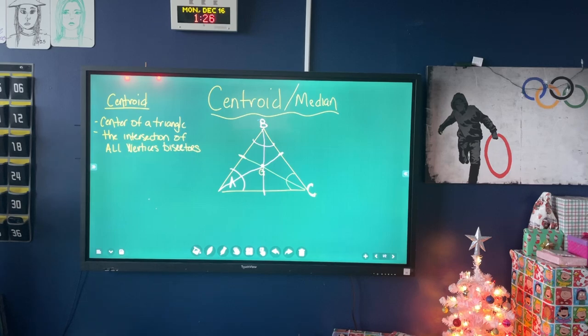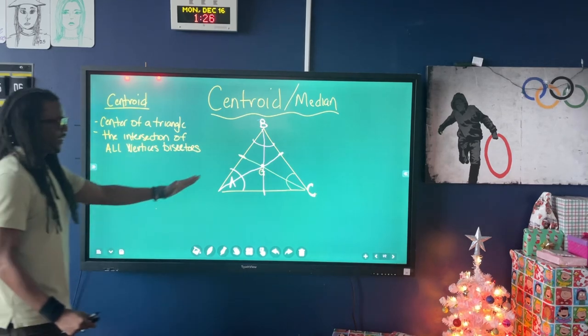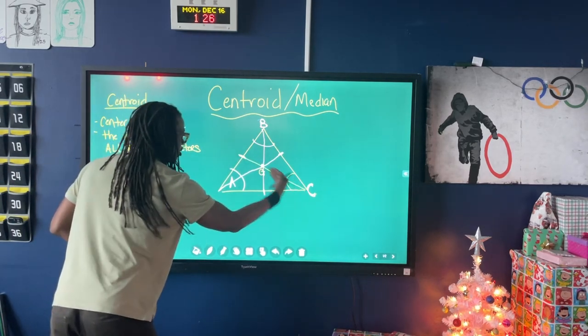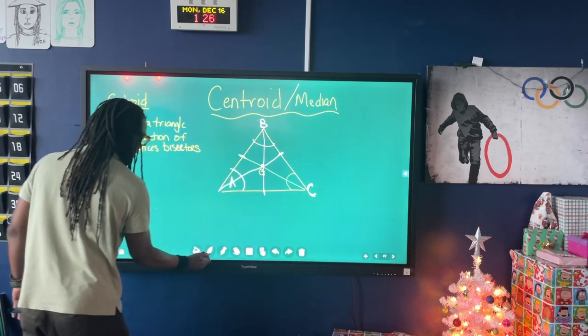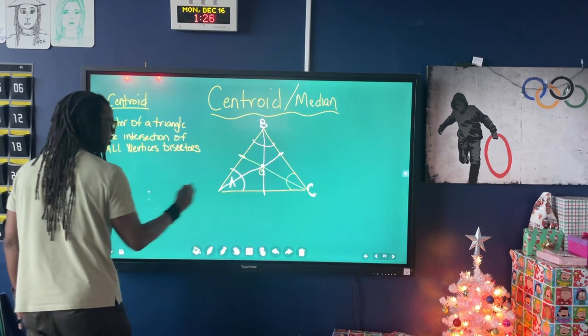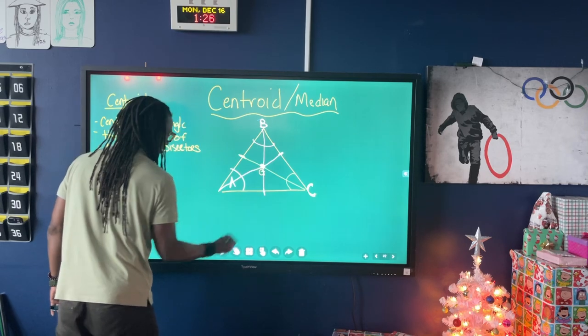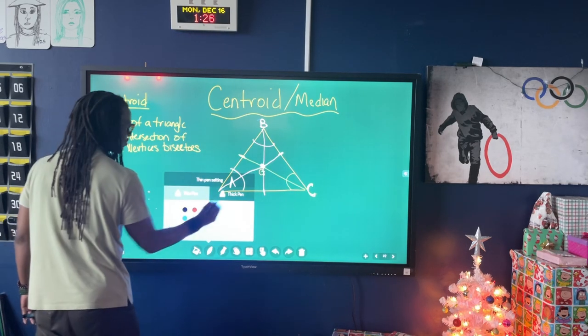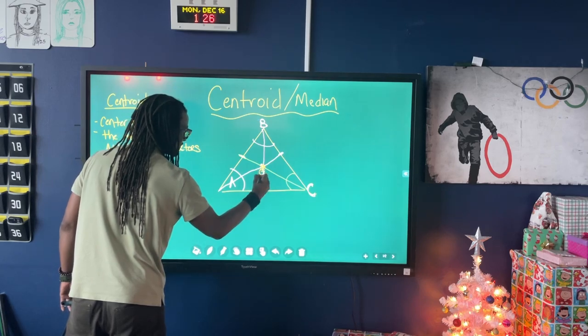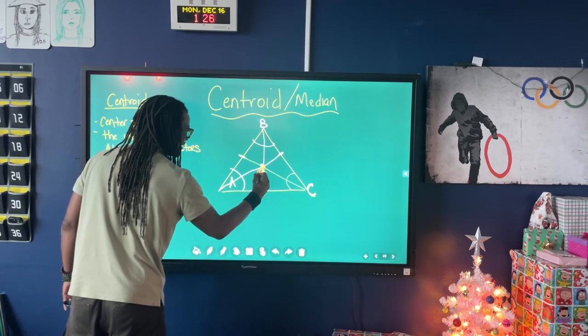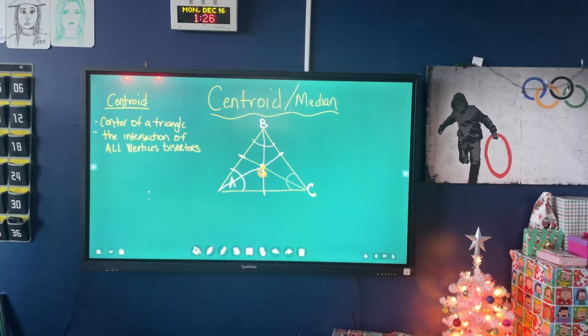So what you've noticed here is that all the bisectors intersect at the central point G. We're going to call G our central point. G will be our centroid in this case. All with me?